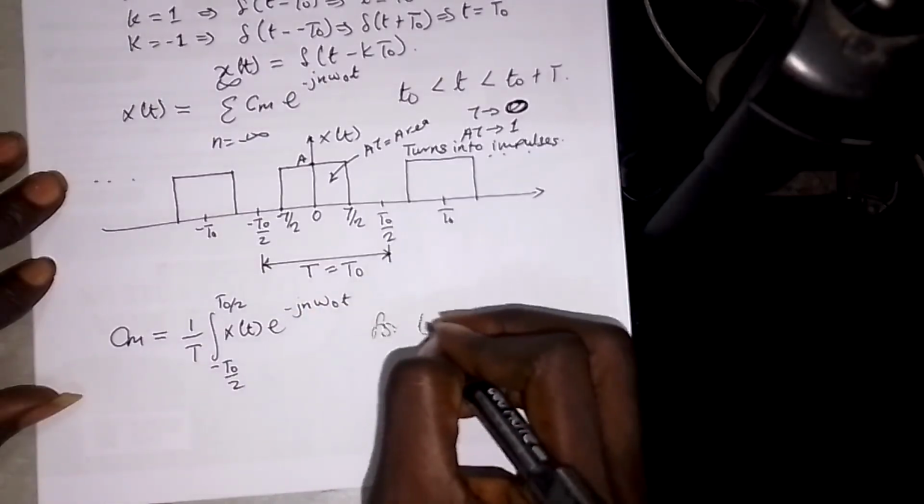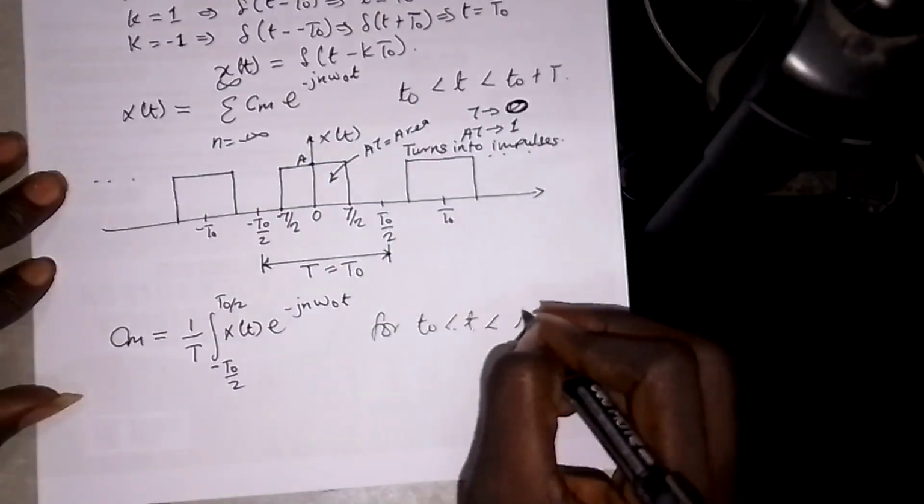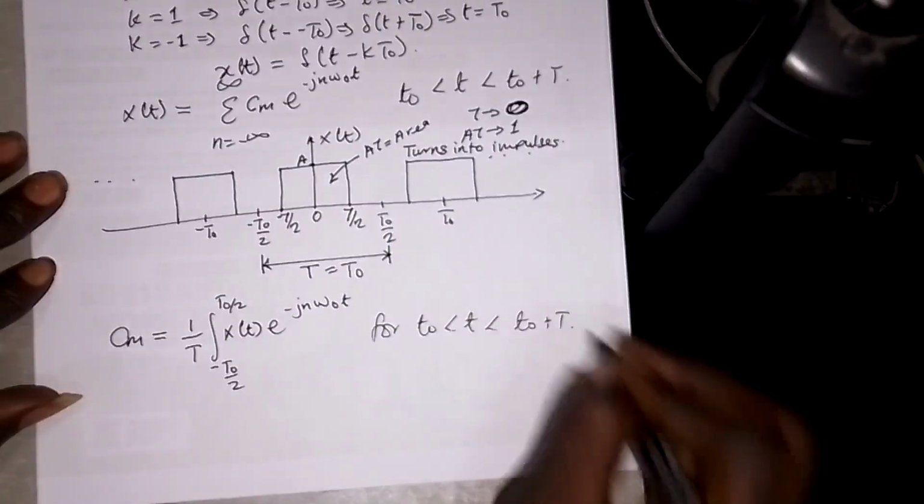This is always for T naught less than t less than T naught plus T.